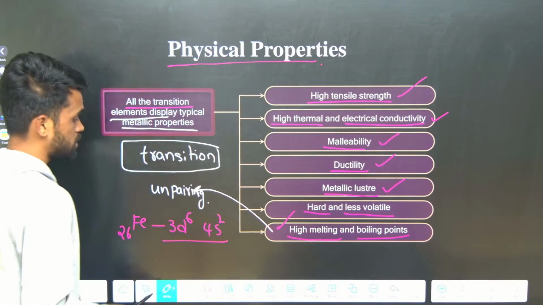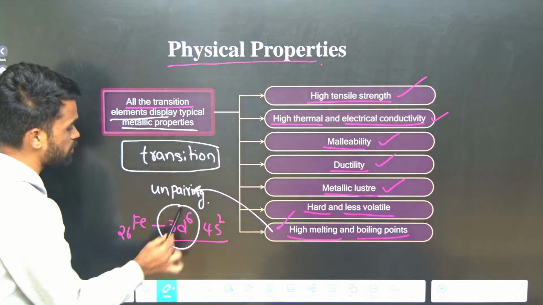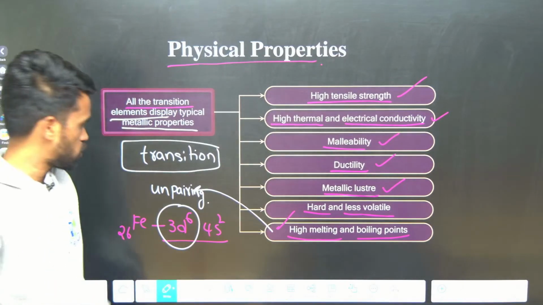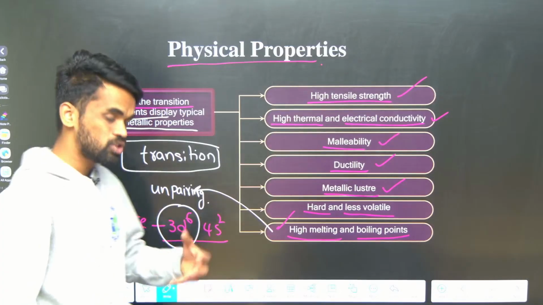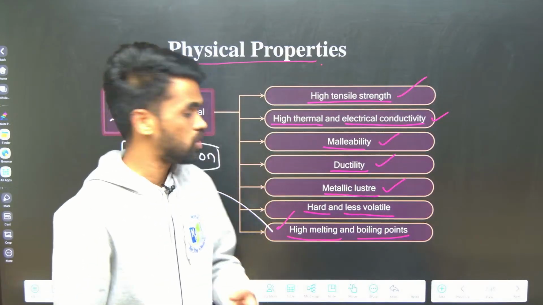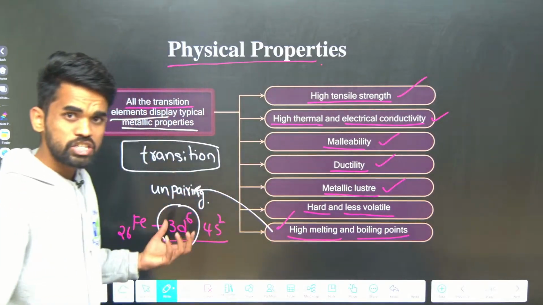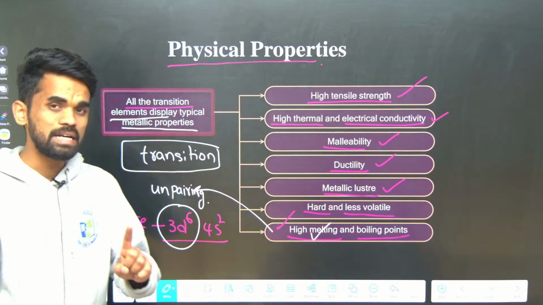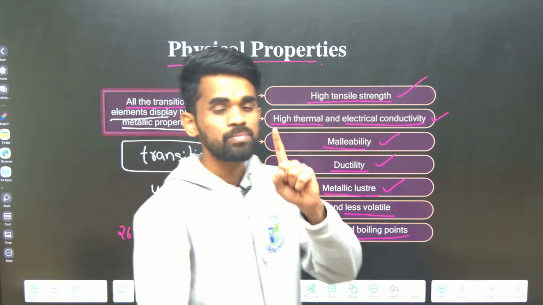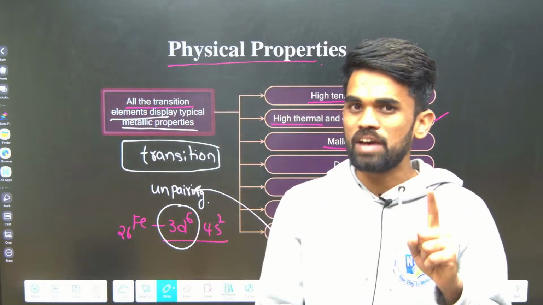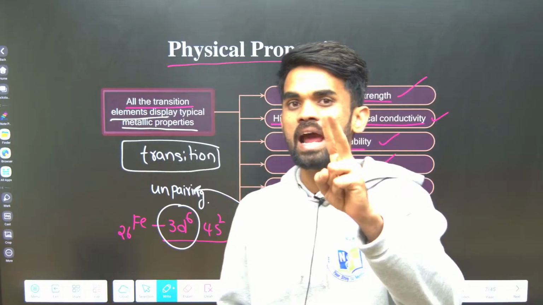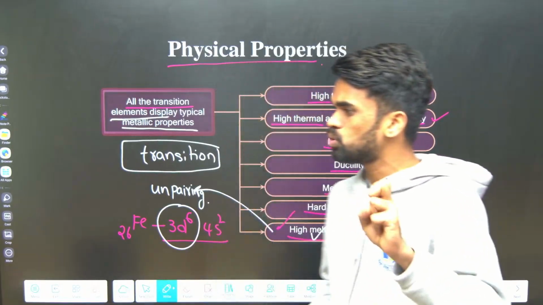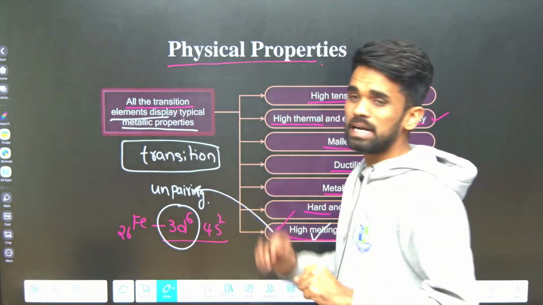The d orbital has 4 unpaired electrons here. Due to the presence of more unpaired electrons, these transition elements have a higher melting point. So melting point is mainly because of the availability of more unpaired electrons, and the next thing is their lattice structures. These are the two reasons for their high melting points.